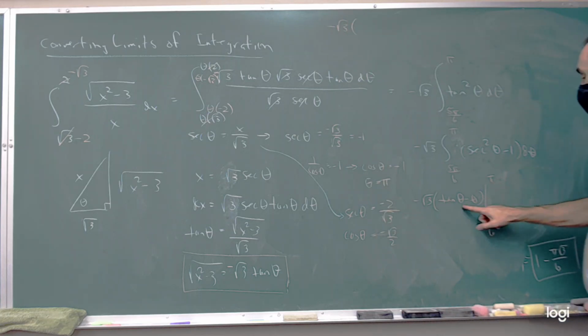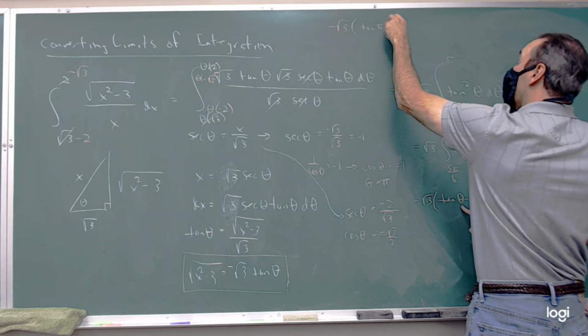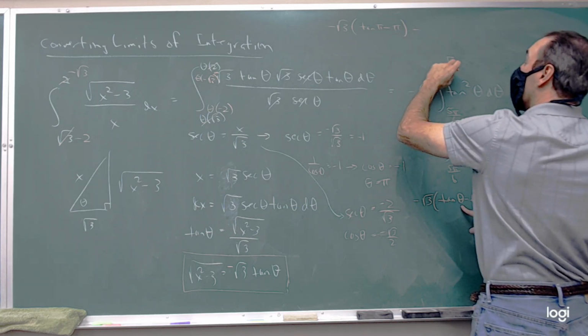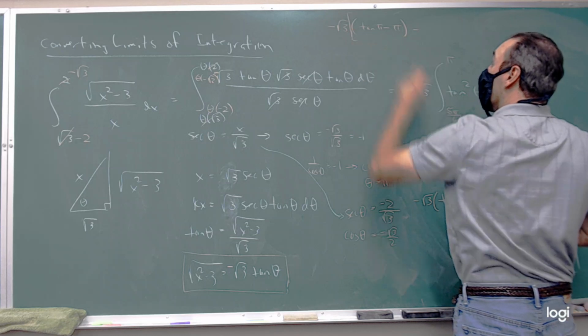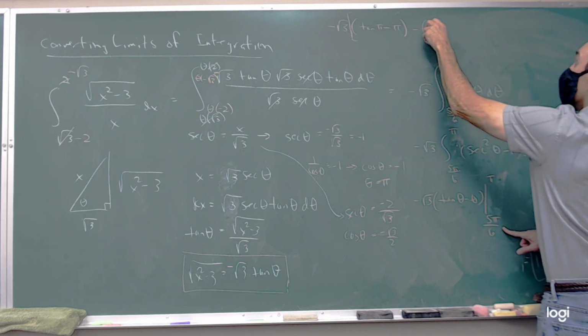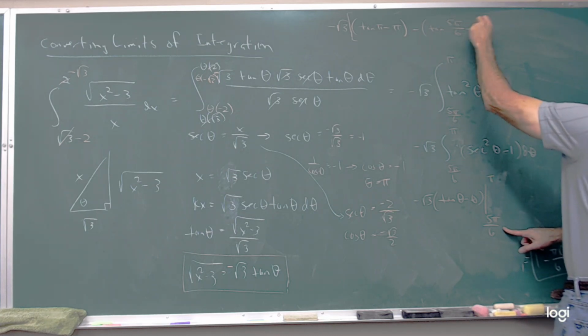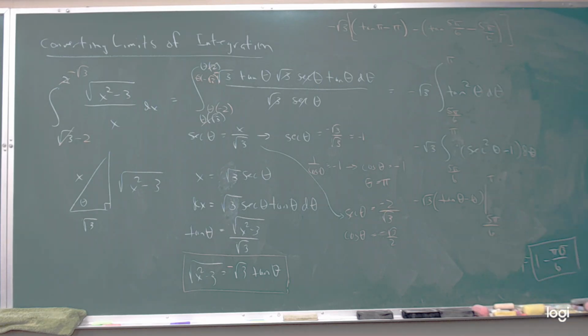So we have tangent of pi minus pi, and then we're going to subtract from that tangent of 5 pi over 6 minus 5 pi over 6. Is that okay so far?